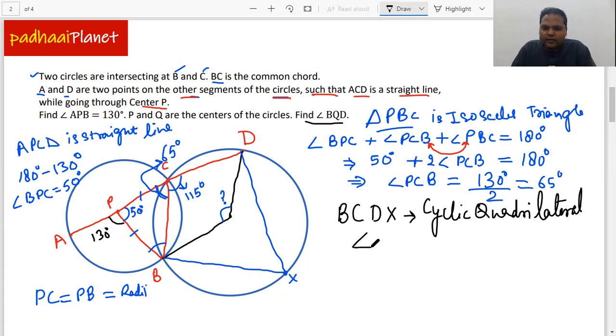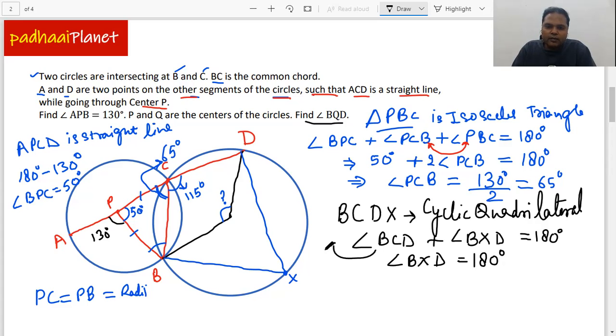So I can write angle BCD plus angle BXD will be 180 degree, which means that angle BXD is equal to 180 degree minus this angle, which we just found out, 115 degree.